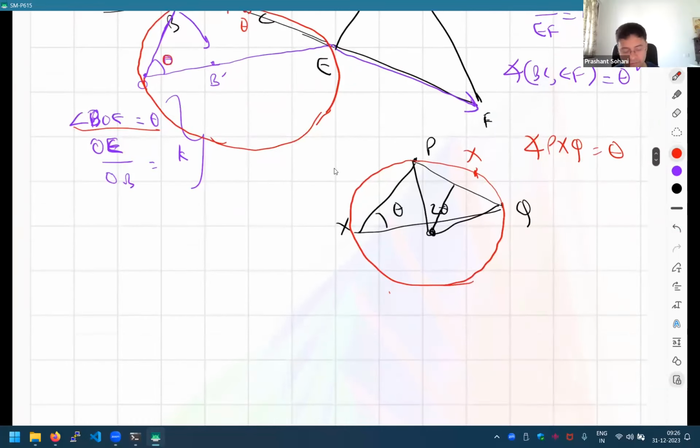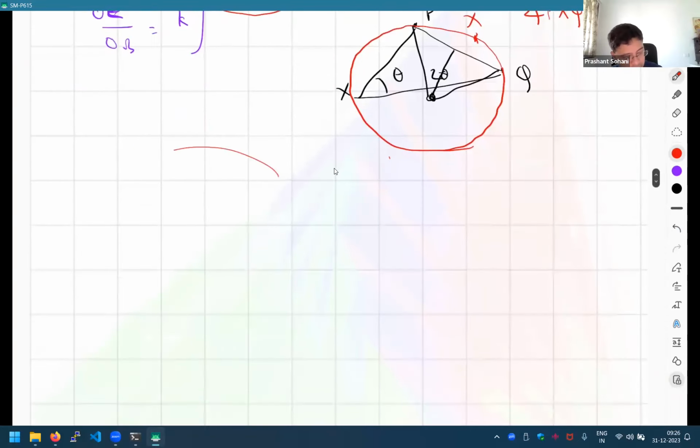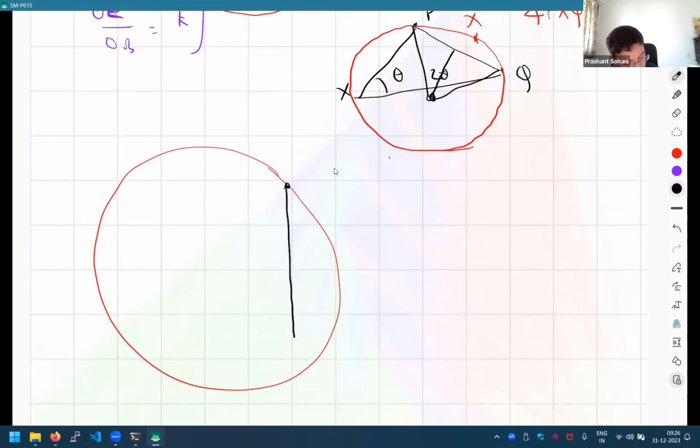In the directed angle case, okay, maybe I'll just quickly talk about that. So basically, what are directed angles? Let us say I have any point x like this.